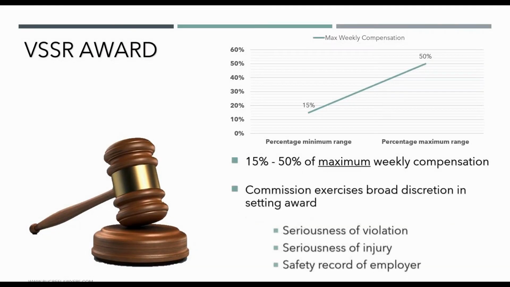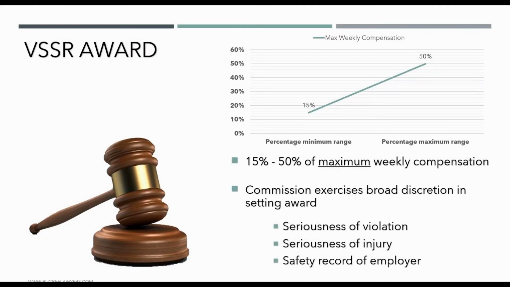The award, as the Constitution stated, can be anywhere between 15 and 50% of the maximum weekly compensation. That is not the weekly compensation the employee receives. It's the maximum rate here in Ohio. So if you have a 2019 injury, I believe the maximum TT rate for 19 is $950 a week. So it would be off of that rate that the VSSR is applied.